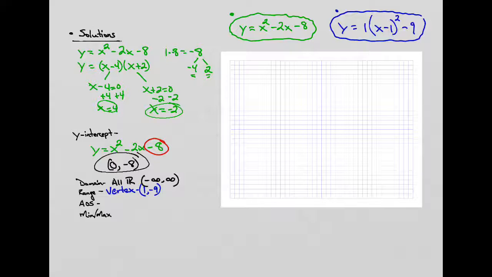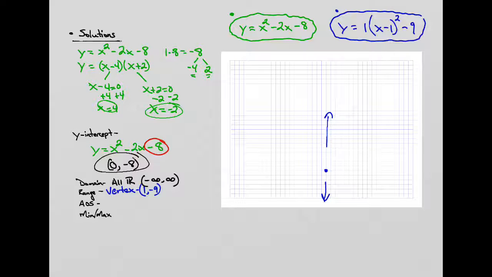So I'm going to use that vertex to find my range. I'm at 1 over, 9 down, 1, 2, 3, 4, 5, 6, 7, 8, 9. There's my point. I'm going to either go from that point up to a positive infinity for forever, or down to a negative infinity for forever.